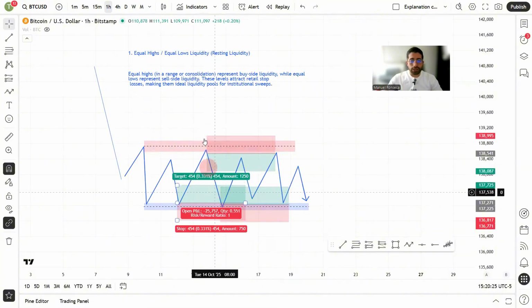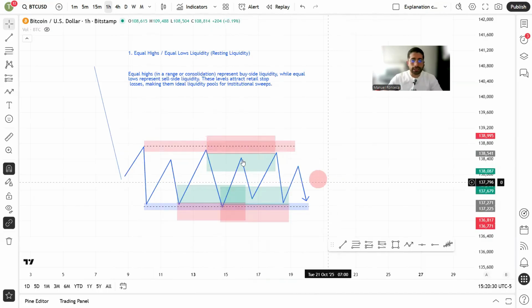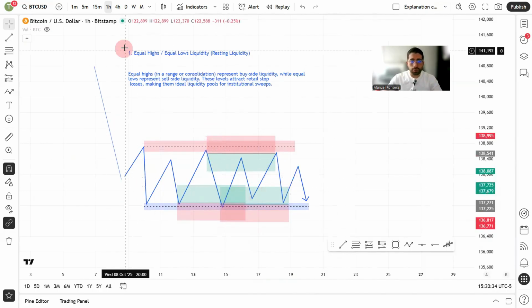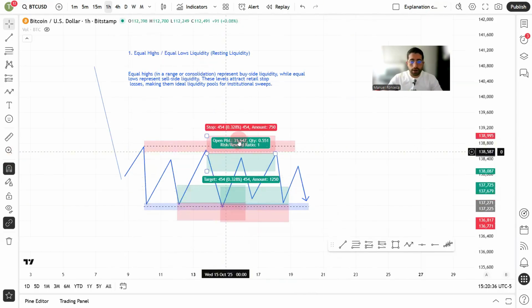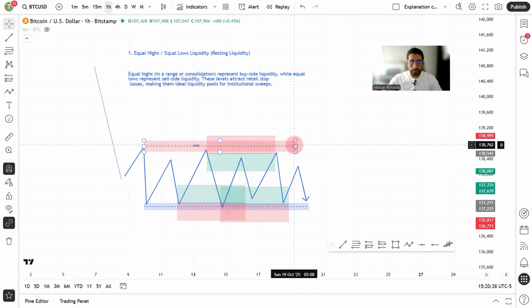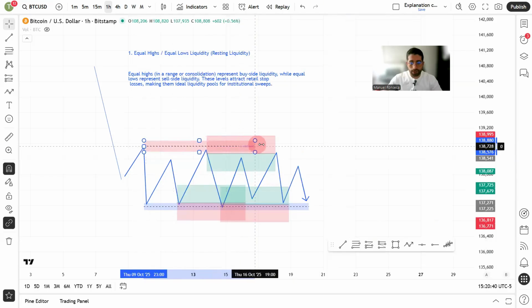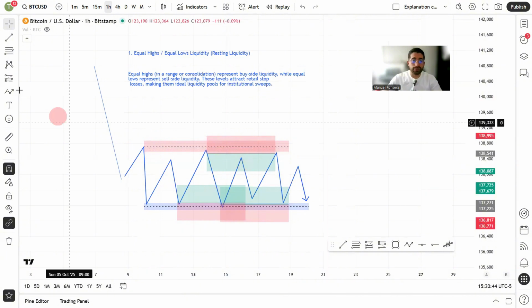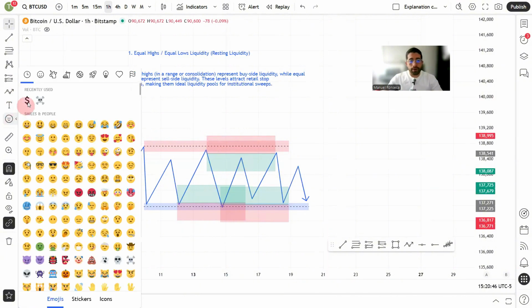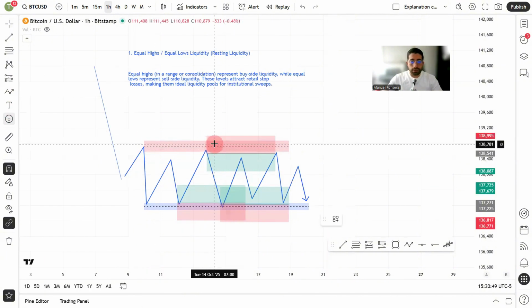So what is the logic behind this? Millions of retail traders like you and me start seeing the same patterns, and consolidations or equal highs and equal lows are built. Once you see this point, it is full of stop losses. There are millions of traders watching these very easy and perceivable patterns.